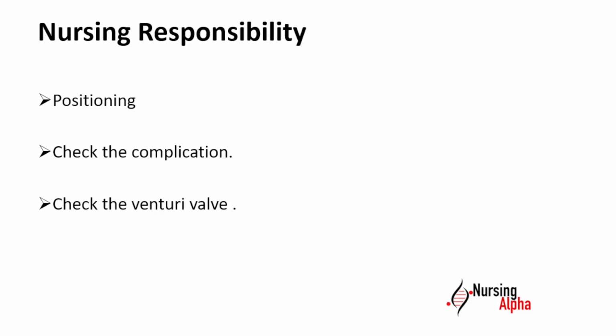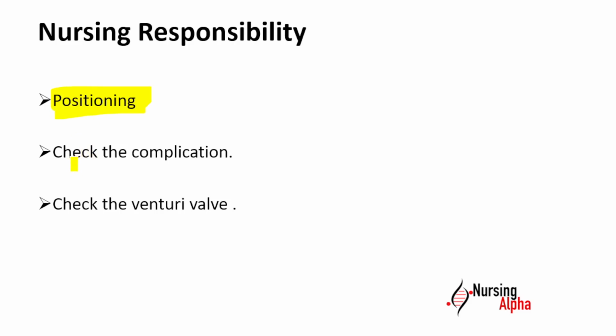Now we will see what are the nurse's responsibilities while providing a Venturi mask. First, positioning. We have to provide proper position to the patient while providing a Venturi mask. Not only for the Venturi mask, but for other oxygen administration methods as well, we have to focus on positioning.